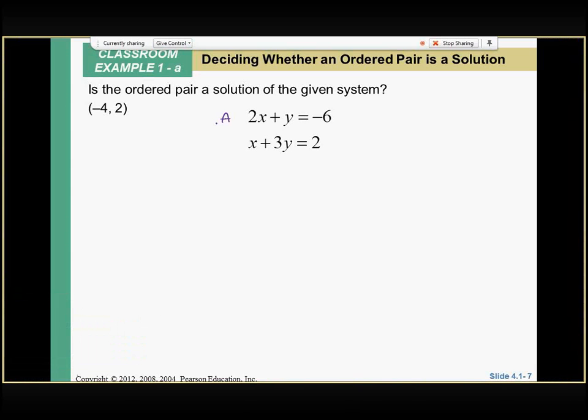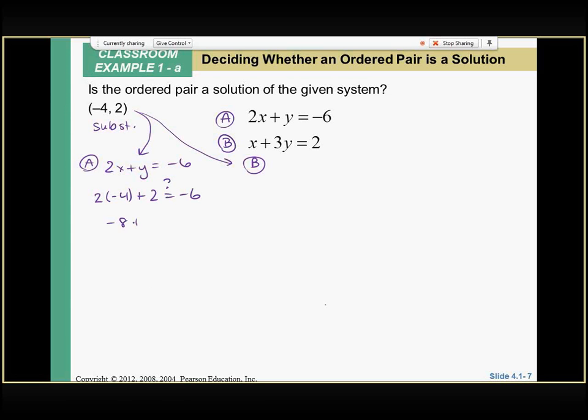I usually call my lines A and B. I'm going to substitute this point into equation A, and then into equation B. So instead of 2x plus y equals negative 6, we say 2 times the x value, negative 4, plus the y value, 2. Is that equal to negative 6? We're going to see if that's true or false.